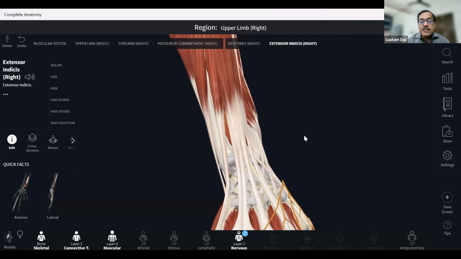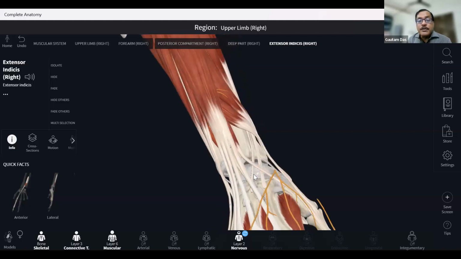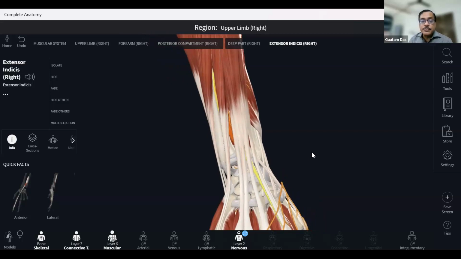And another thing to remember, out of all those, extensor indicis is the last muscle innervated by the deep branch of the radial nerve, which is later known as the dorsal interosseous nerve. We'll be able to see the pulsations and we'll be able to see this in the fourth compartment.